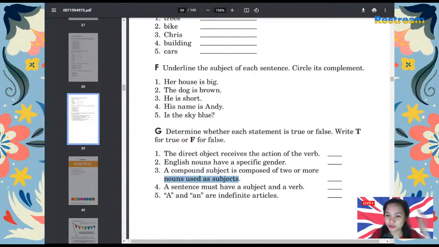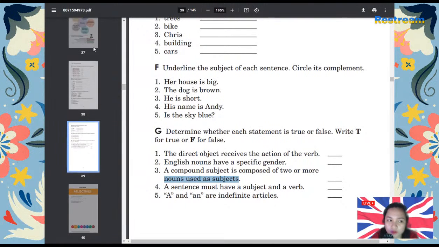You really searched it on Google. Yeah, it's okay to ask Google sometimes, just making sure, right? But at least we have a book here where you can base your answer. So is a compound subject composed of two or more nouns as subject?